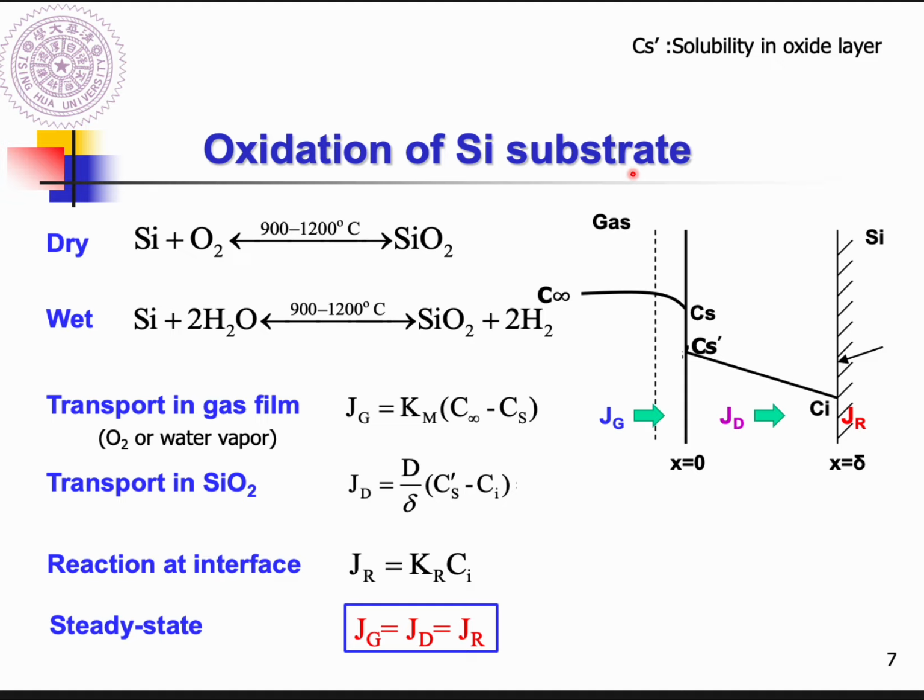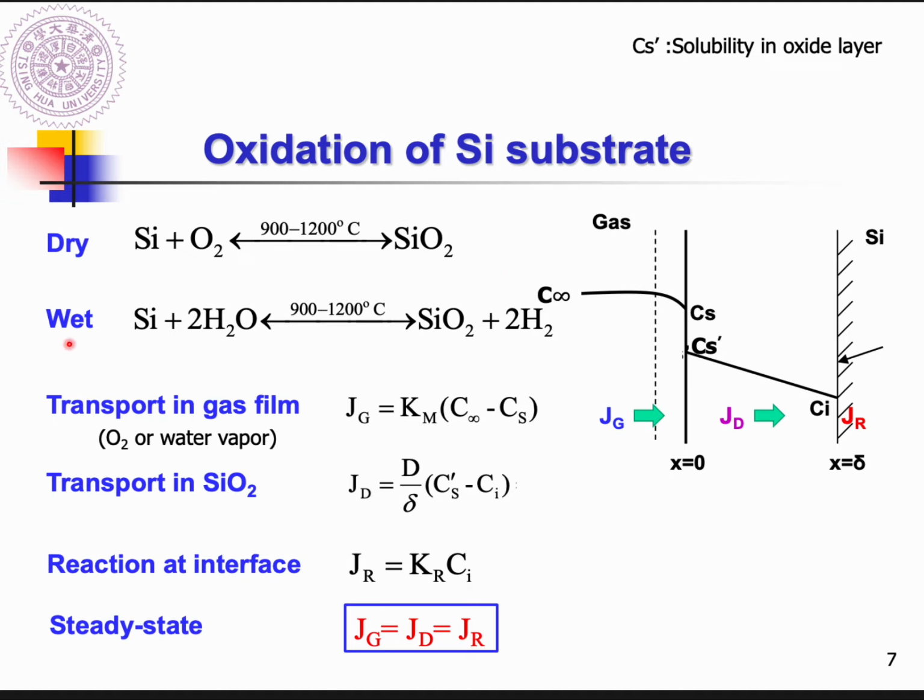In the semiconductor industry, there are two methods to form silicon dioxide. The first method we call the dry method, which means you flow oxygen to react with the silicon substrate at high temperature, and then you get silicon dioxide formed on top of the silicon substrate.